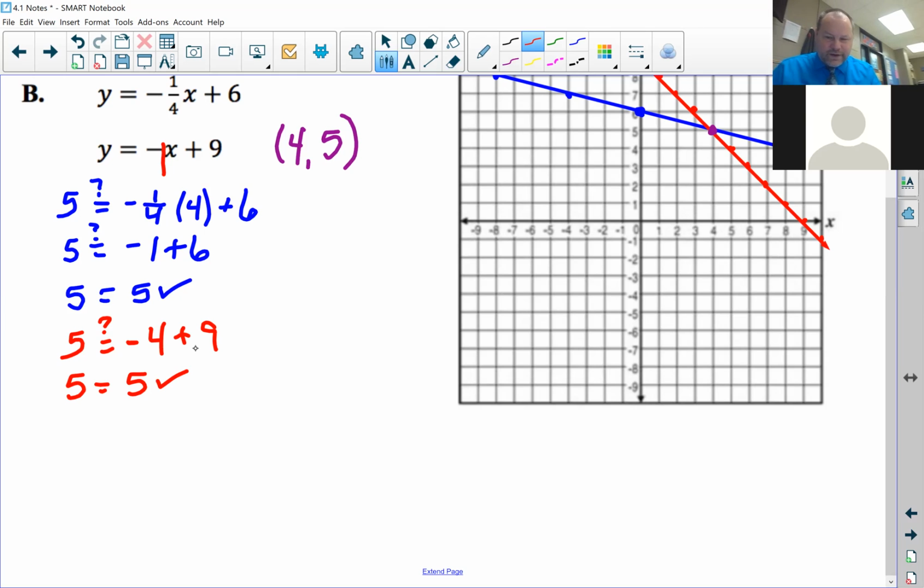Now, I will try real quick to get my calculator up, and I will show you one way that you can check with a calculator.